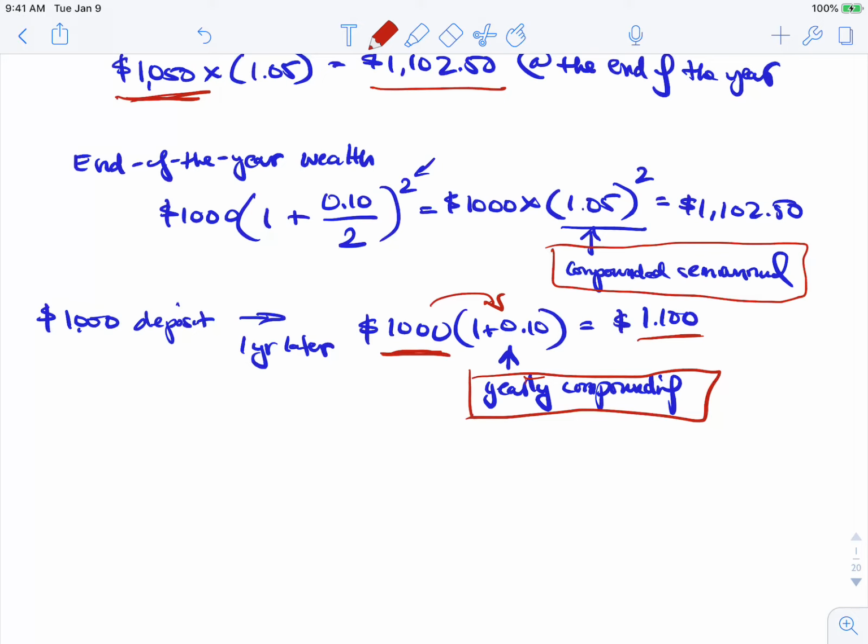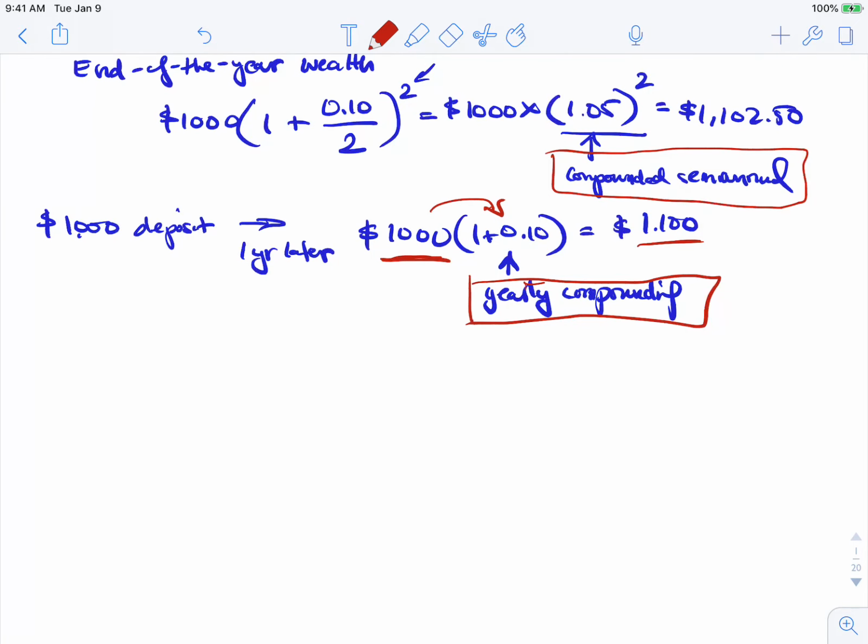Hence, you get interest on interest with semi-annual compounding.